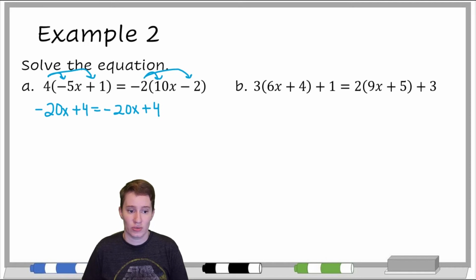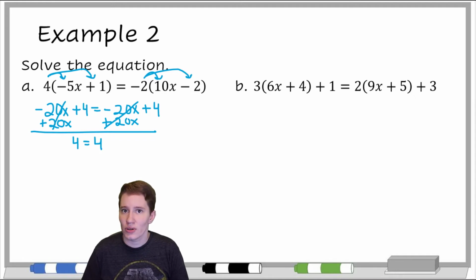If not, if you don't realize what the answer is yet, keep going and add 20x to both sides. And then that gives us 4 equals 4. Is that true? Does 4 equal 4? Yes, it does. So our answer here is all real numbers.